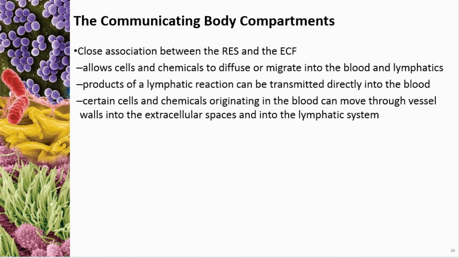So some of these are directly through just a vessel, but others of them can actually move through the wall of the vessel. I don't know if we've talked about it, but there's this thing called diapedesis, where a white blood cell will actually go between the epithelial cells of a capillary and go into the interstitial space.